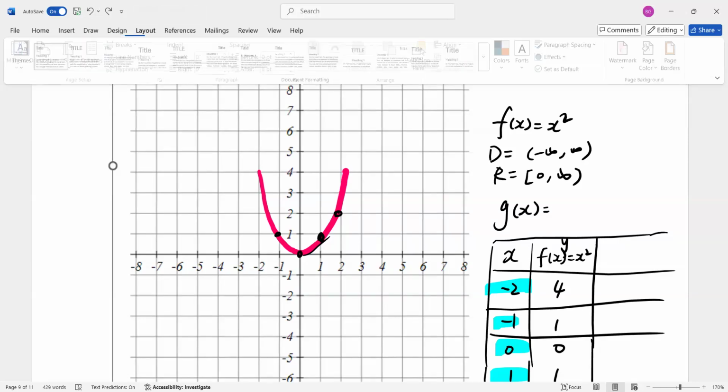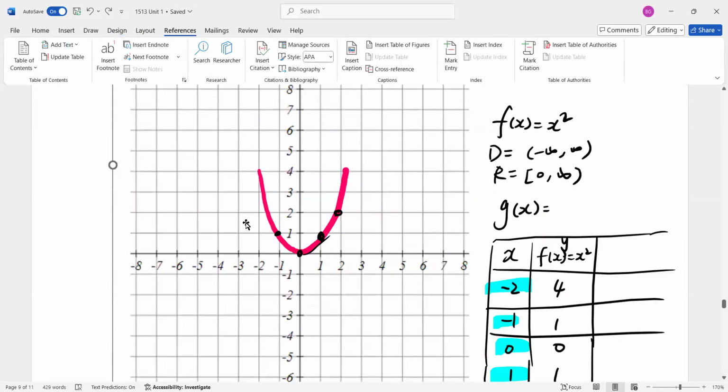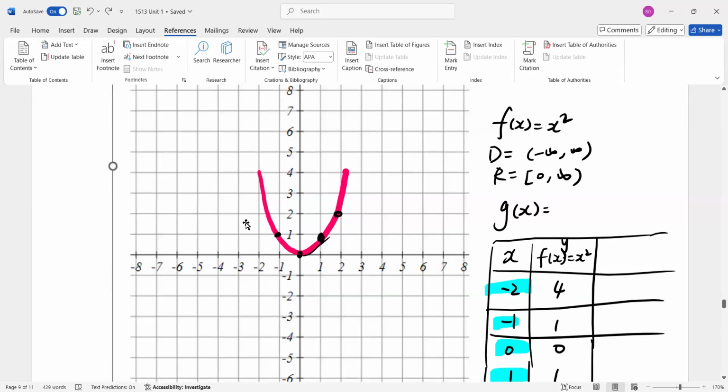So the mother function right now is the square function f of x equals x squared. The daughter function is negative x squared. So the whole function is multiplied by -1. You are taking the opposite of y, not x, okay? You're multiplying the function by -1. So the daughter function is negative x squared.